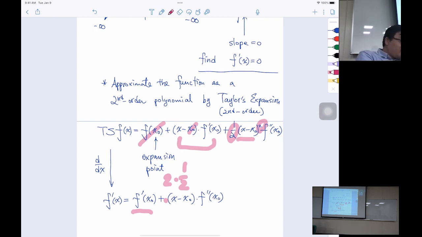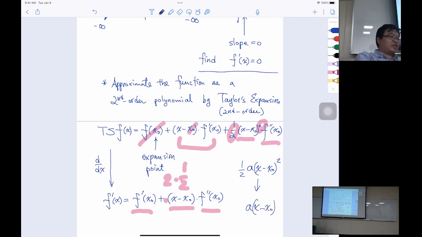And you keep the term right here and take the coefficient, so this is like 1/2 a times (x minus x0) squared. If you take the derivative, basically it's a times (x minus x0), right?